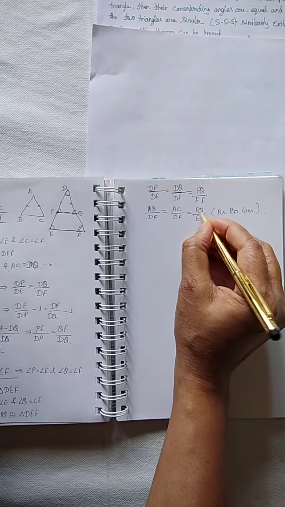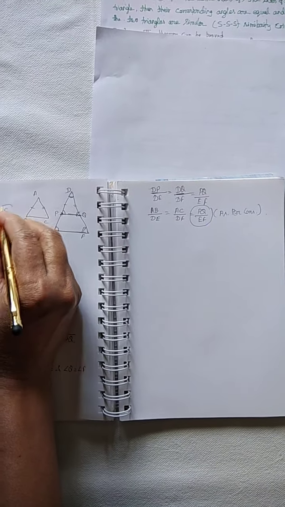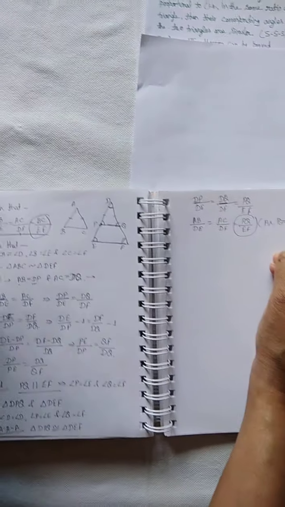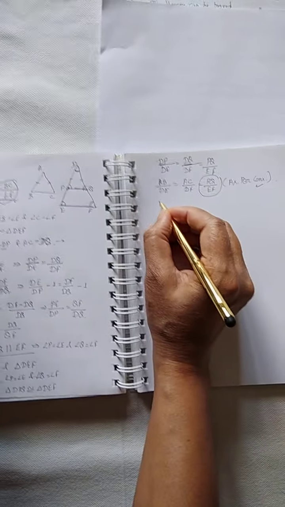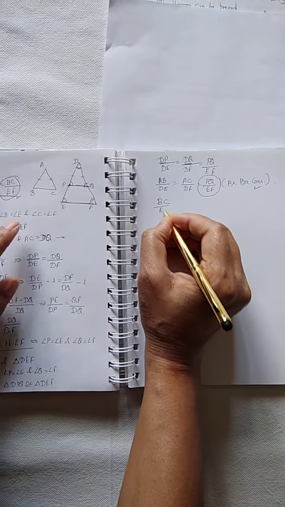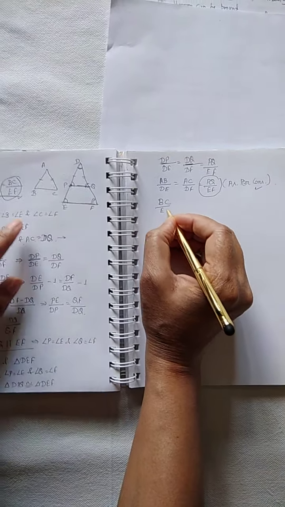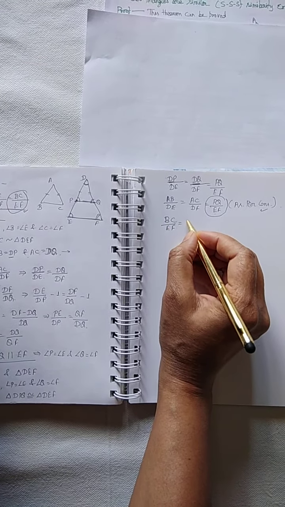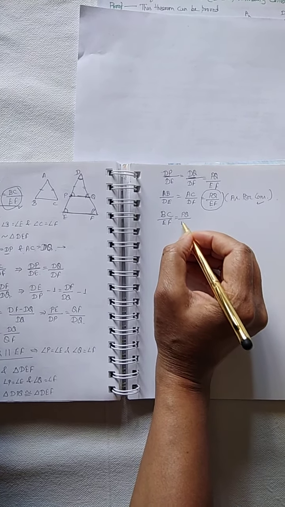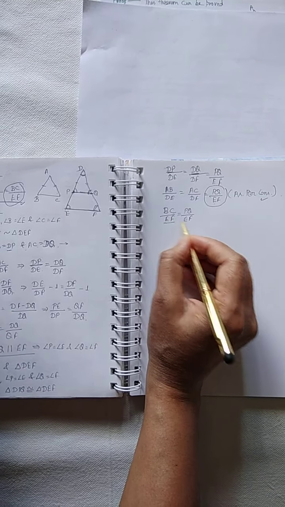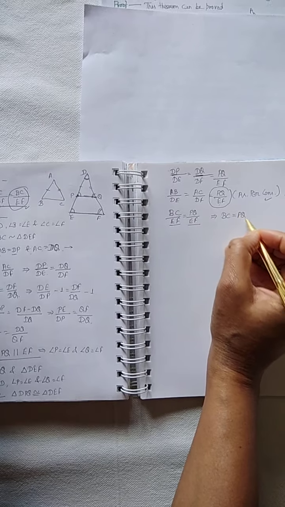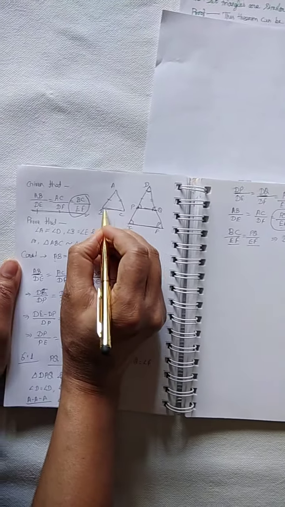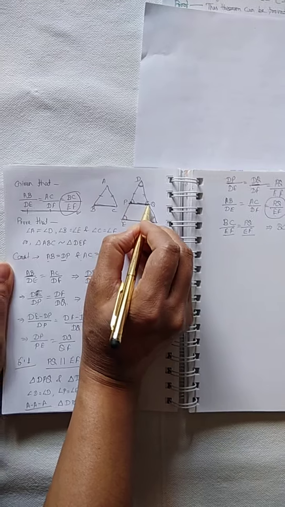Here the first two parts are the same, only the third part is different. So if we compare these two equations, we get BC by EF equals PQ by EF. EF is the same, so we can say that BC equals PQ.